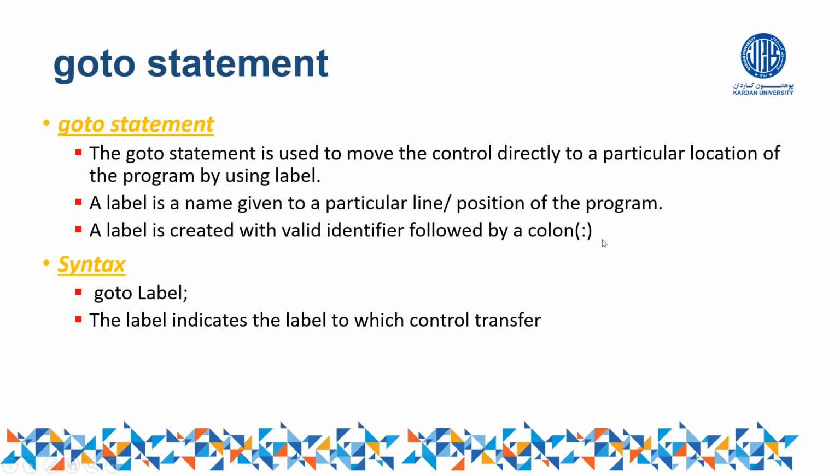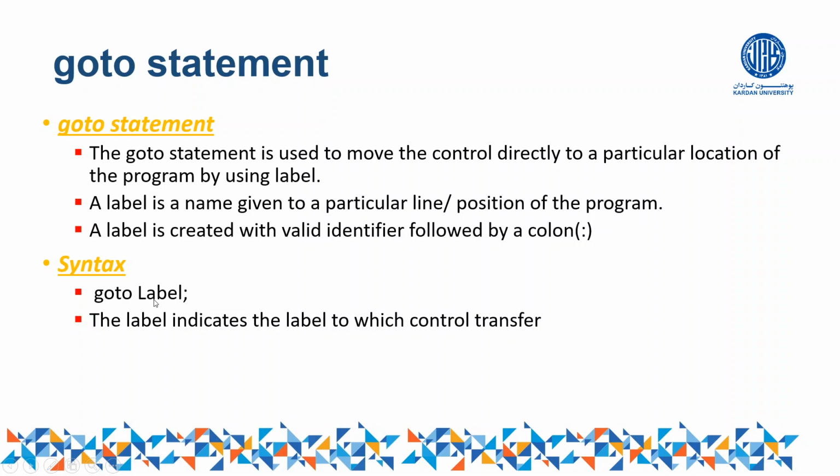So obviously after the label we need to put a colon, but keep in mind the rules for declaring an identifier, because a label is also one sort of identifier. That's why you need to keep the rules of identifier in your mind. This is the syntax, this is how you use the goto statement: goto label.